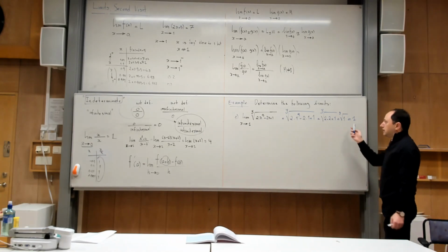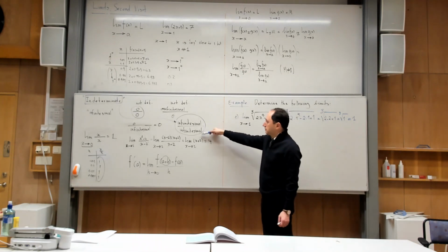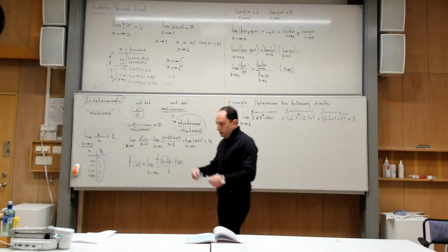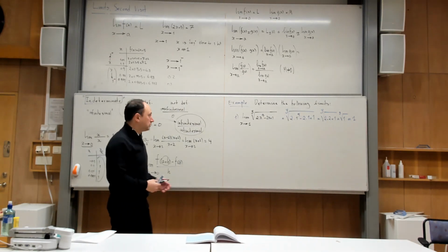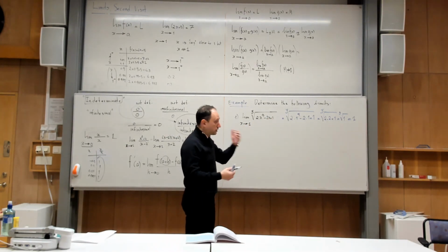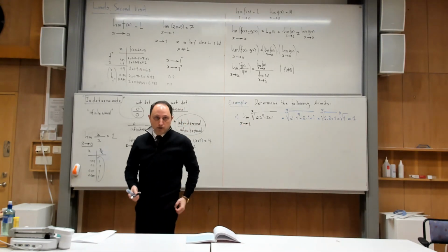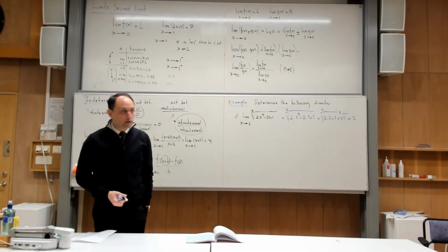The only thing I have to be careful about is when I have an even root and what is under that root becomes a negative number, which is not defined, or if I have a fraction and the denominator becomes 0, then that is not defined.